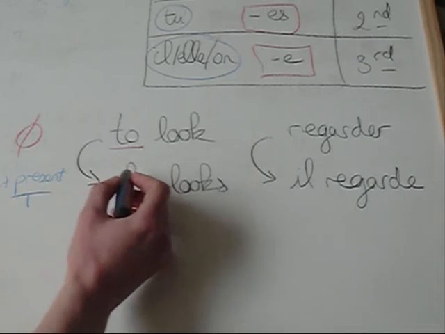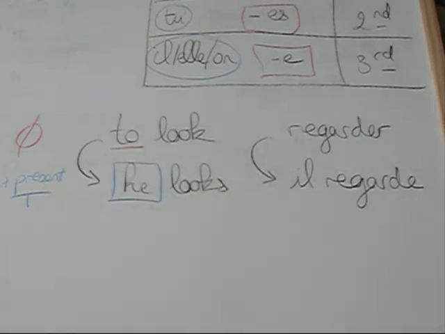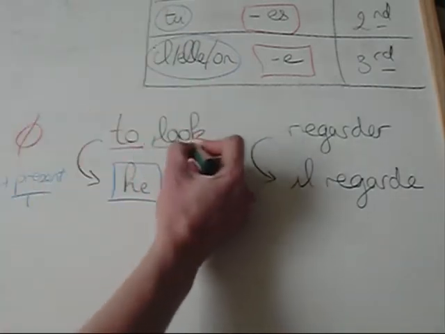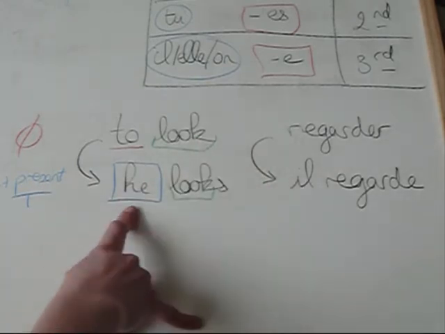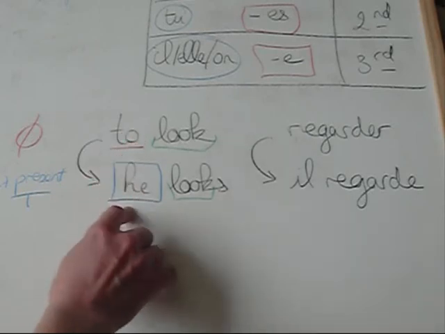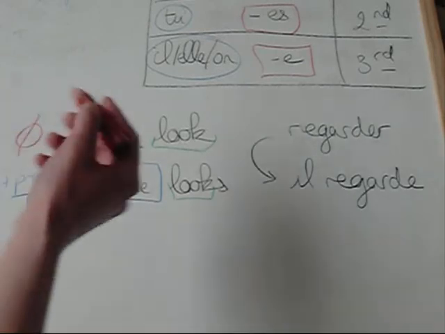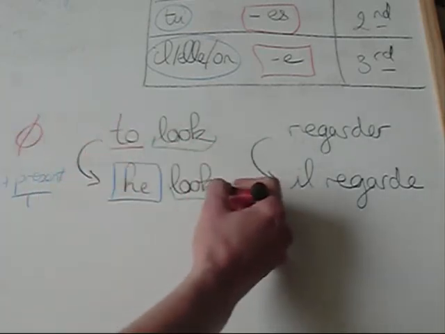So that means that I'm now adding he. What you're doing is you keep look, because the action hasn't changed, but because we have added the pronoun he, we need to add an ending instead of to, and that's s.